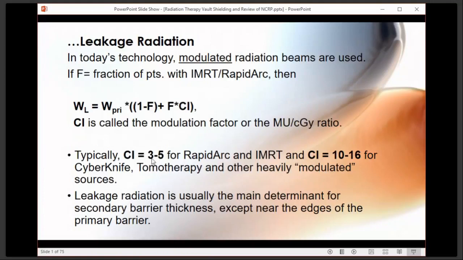For RapidArc and IMRT, this modulation factor ranges from 3 to 5, and it gets up to 10 to 15 or 16 for the CyberKnife, and for tomotherapy, it's even a little larger, since these are heavily modulated beams. Leakage radiation is usually the main determinant for secondary barrier thickness, and the exception is near the edges of the primary barrier.